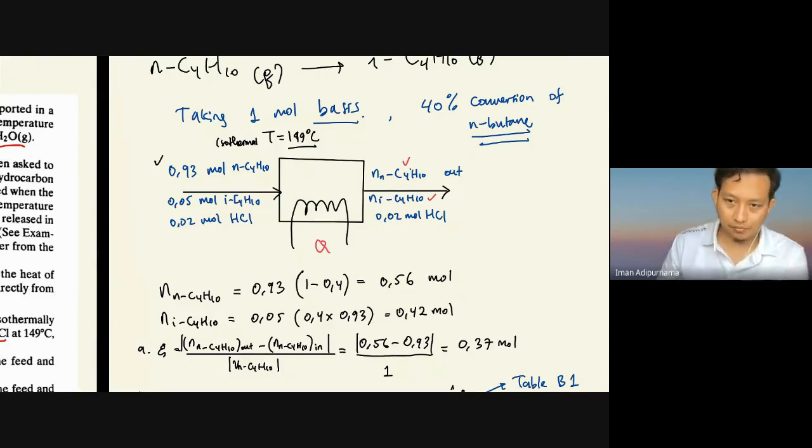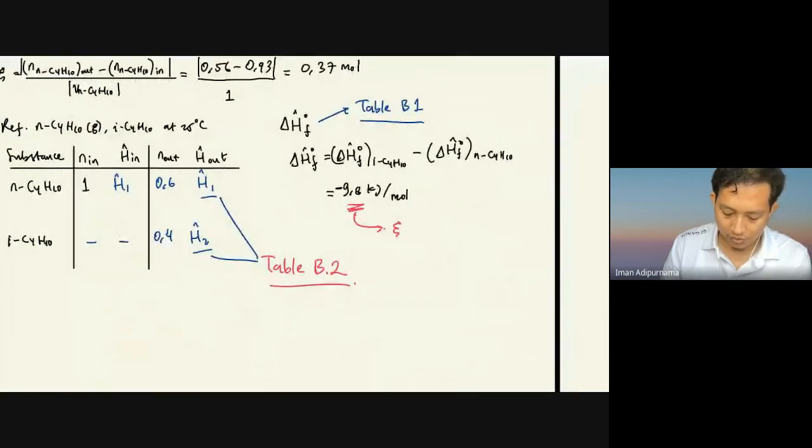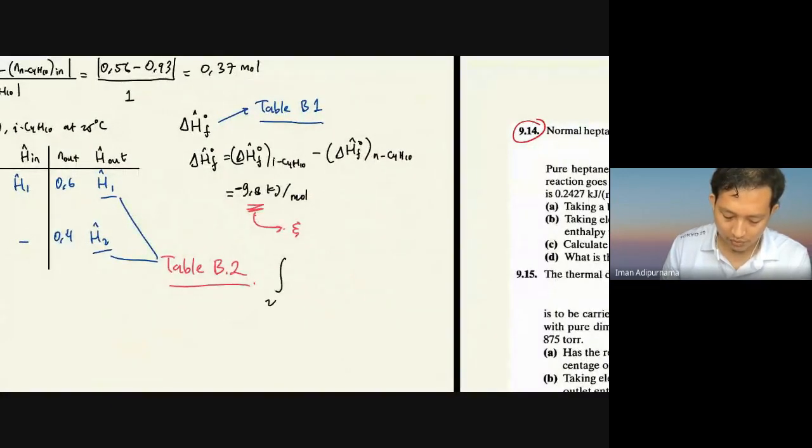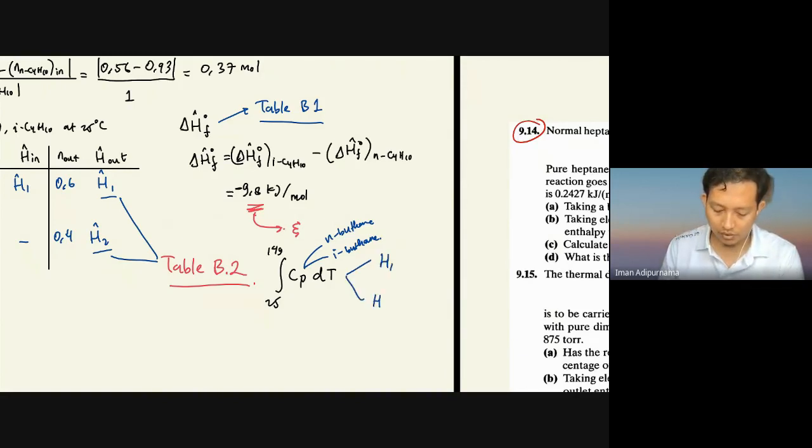Because you have the reference at 25, use that in the integrations from 25 to 149. Use the CP dT for each of isobutane and n-butane, and you will get H1 and H2.